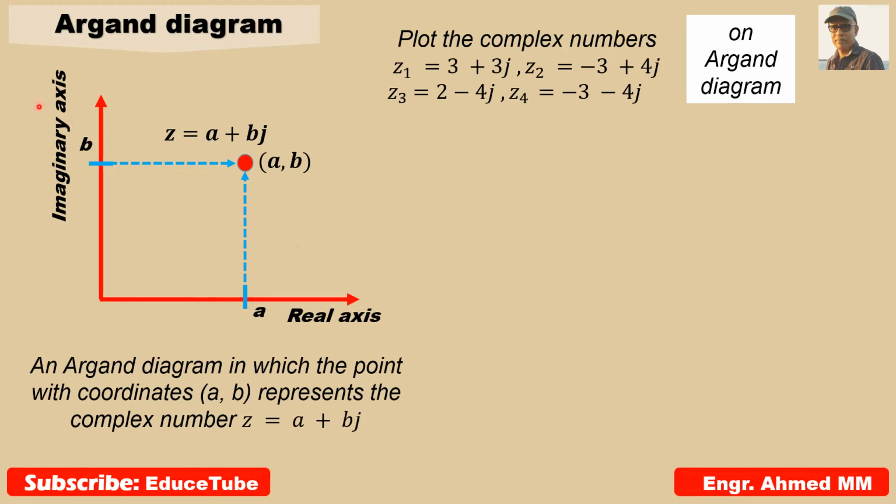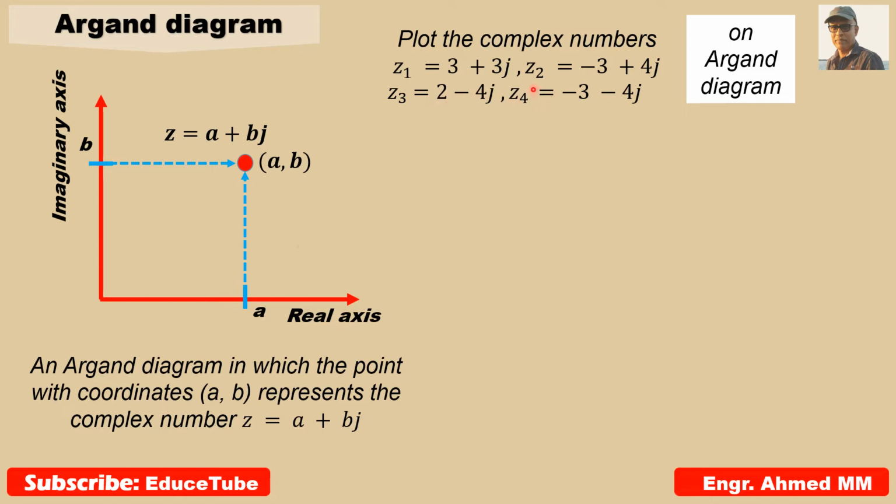Such a diagram, this total diagram, we can call the Argand diagram. Sometimes it is also called the complex plane.